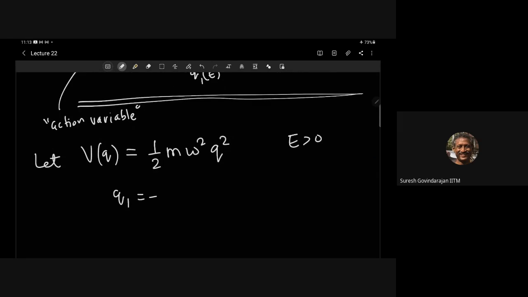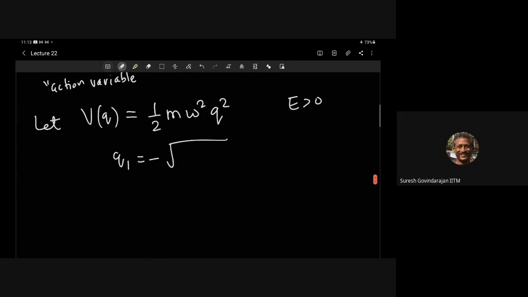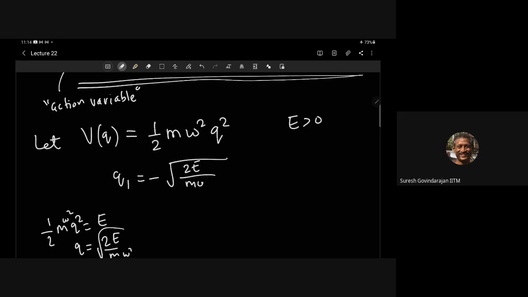Q1 is equal to minus the square root of 2E upon m omega squared, where the integrand becomes 0, when V of Q equals E. This is one turning point, the other side turning point is just plus, so we can write the integral.